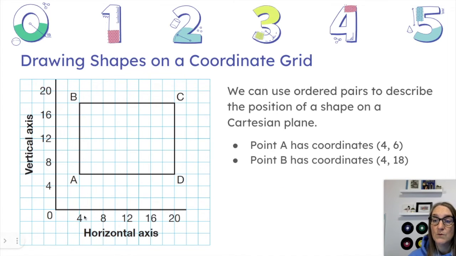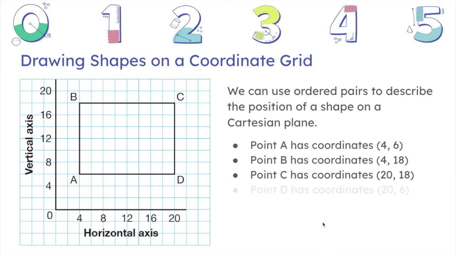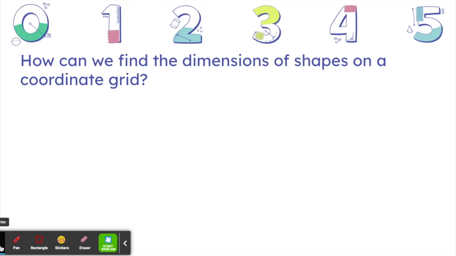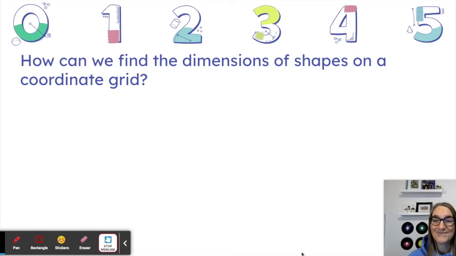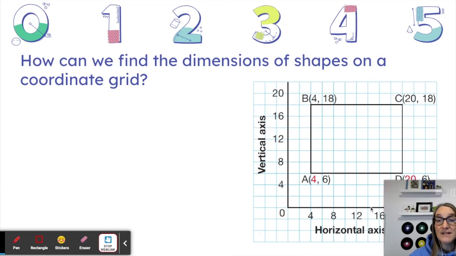Point B has coordinates 4, 18. Point C has coordinates 20, 18. And point D has coordinates 20 and 6. How can we find the dimensions of a shape on a coordinate grid?